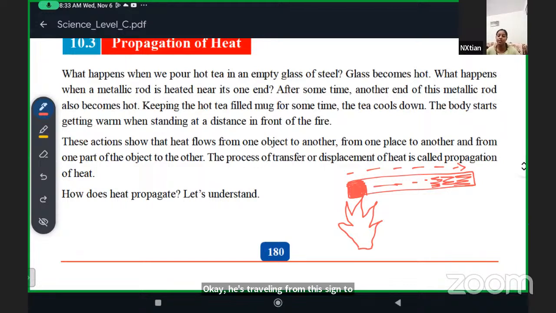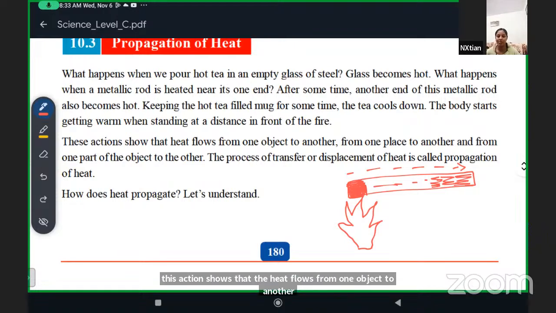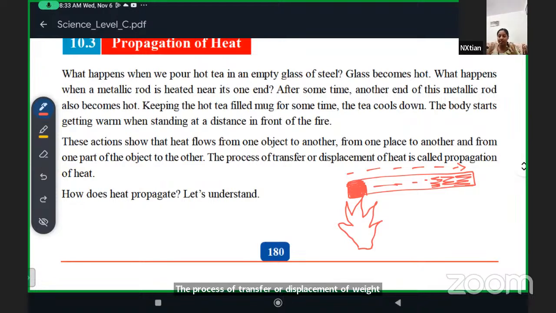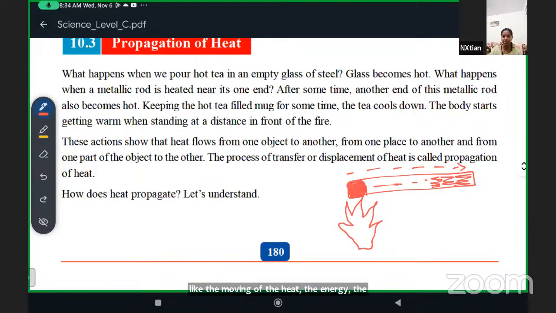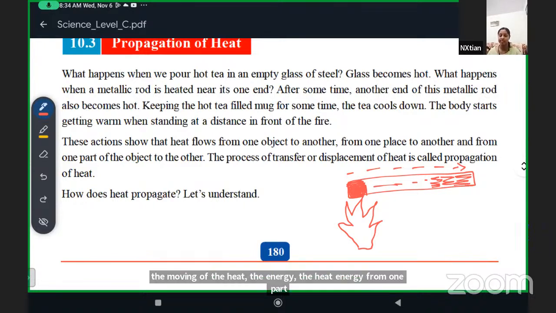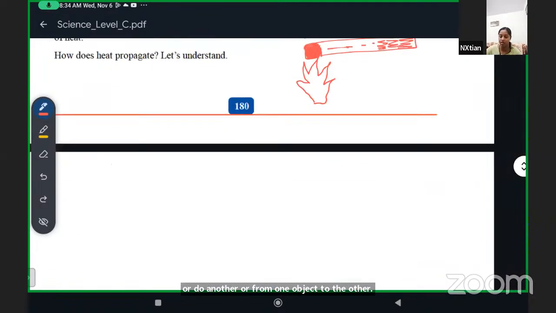This action shows that heat flows from one object to another, or one part of the object to the other part. The process of transfer or displacement of heat is known as propagation of heat.